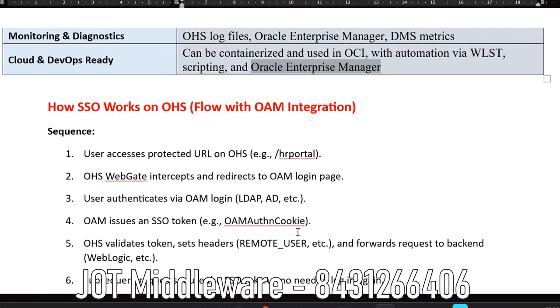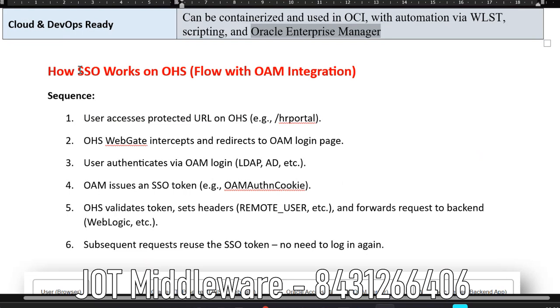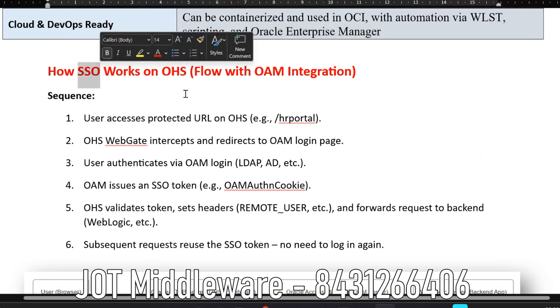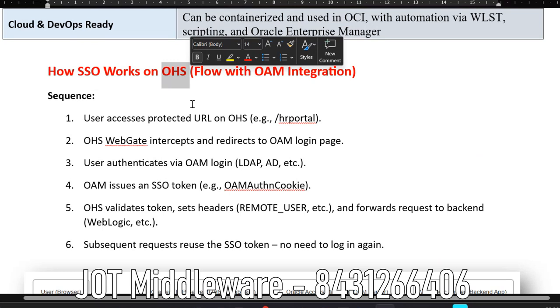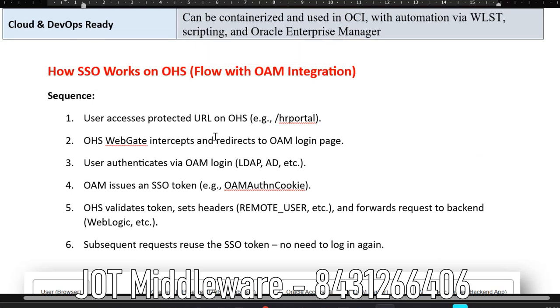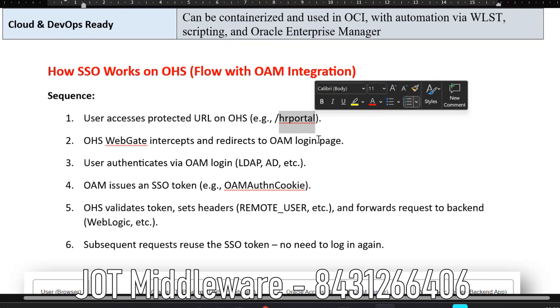So if we want to understand the mechanism of how single sign-on works, not only on OHS but usually, let us say there is an enterprise environment, an enterprise application wherein multiple web applications are deployed on the backend servers.